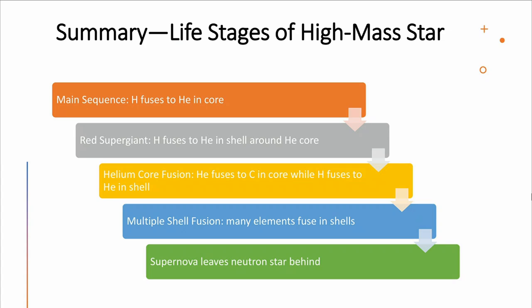Eventually the helium will start to fuse into carbon, and this is where they diverge, in that the high mass stars can start doing carbon fusion reactions and even higher element fusion past that, and eventually they get to iron that's not going to release energy, and so they blow themselves apart in a supernova. And what's left behind will either be a neutron star or a black hole.